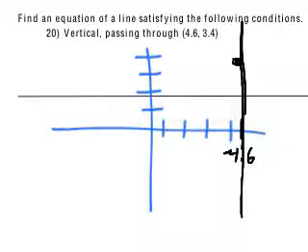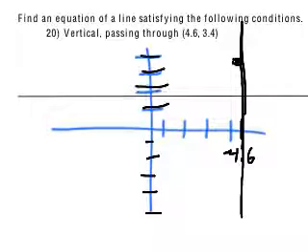It could be a lot of different y's: negative 1, negative 2, negative 3, negative 4, or a lot of positive ones going up. It could be anything for y on this vertical line. But the x is always going to be 4.6. So I'll just write it like this: x equals 4.6.